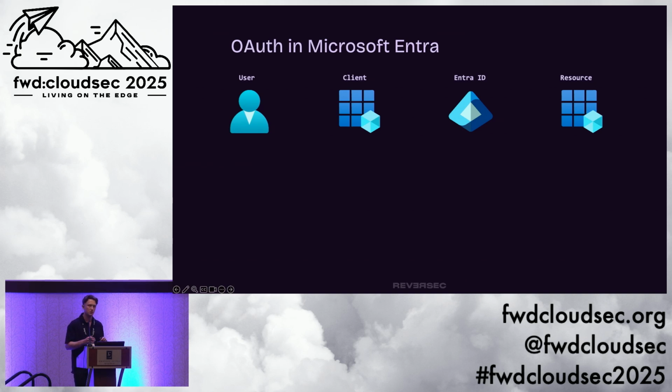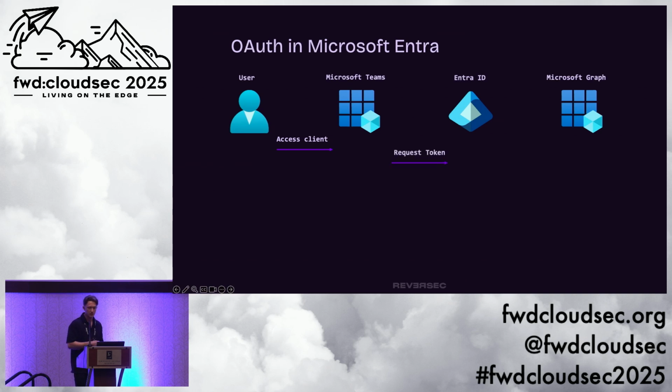To understand this concept, I need to introduce how authentication works within Entra. Broadly, we've got four main components. We've got the user, we've got the client that they're trying to use or access, we've got the identity provider, in this case Entra, and we've got the resource they're trying to access. So a user will access a client. In this example, that might be Microsoft Teams, and the resource they're trying to access might be the Microsoft Graph API.